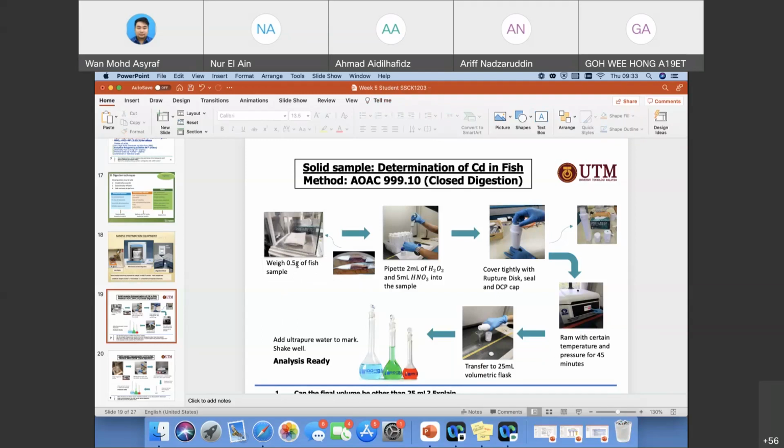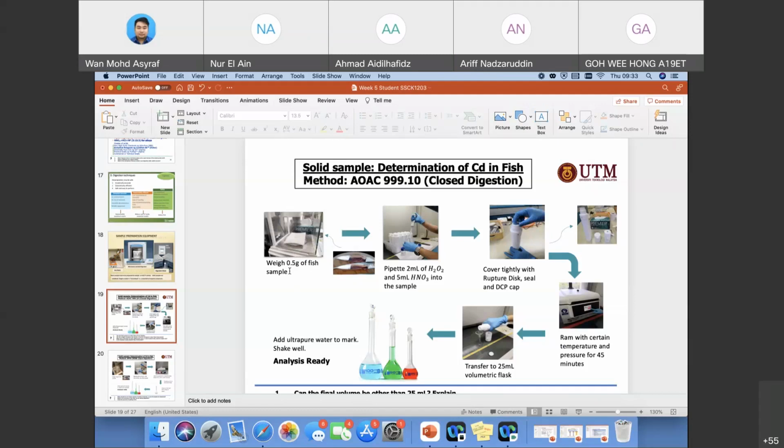Have you ever used an analytical balance before? The introduction is done, just the experiment doesn't start yet. So in the introduction they have shown you how to use the analytical balance.